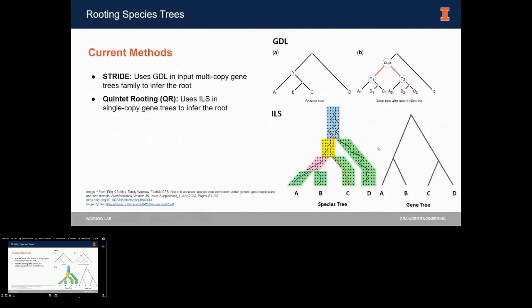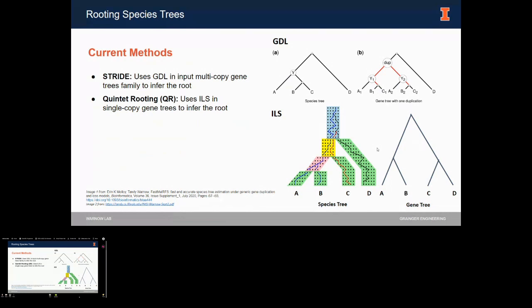There are several current methods that approach this problem from different angles. We have STRIDE, which uses GDL and multi-copy gene trees to infer the root, and then we have QR, which uses ILS in single copy trees to infer the root. However, QR is unable to handle multi-copy gene trees.